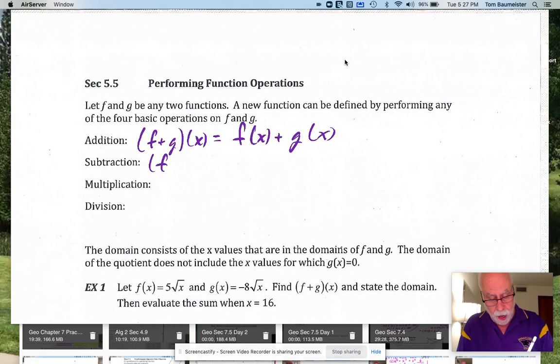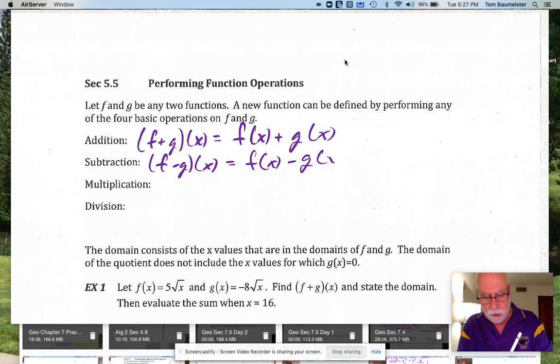If we take f minus g, so subtraction of x, that'll be f of x minus g of x. Multiplication, which would be f times g of x. Again, it's kind of just showing we can separate them.